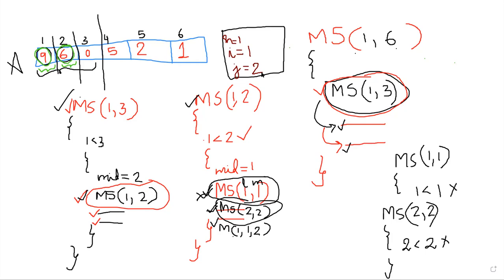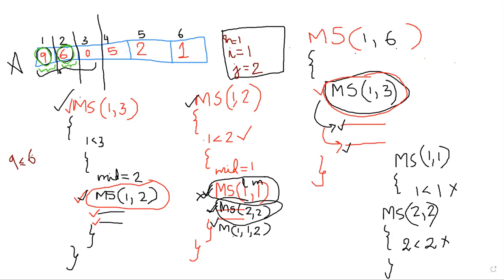Now you have to focus on your array A, and check whether the element at index 1 is less than or equal to the element at index 2. In the array, the element at index 1 is 9, and at index 2 the element is 6. So is the condition true? 9 is less than or equal to 6. No, the condition is not true.